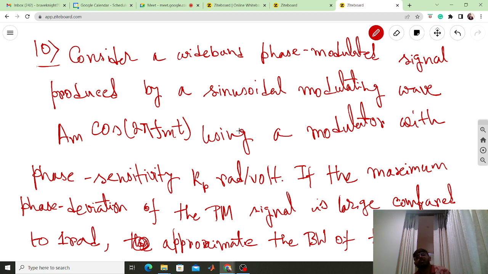Again, one assumption is given that the maximum phase deviation of the PM signal is large compared to 1 radian. Now I am going to give you the options.